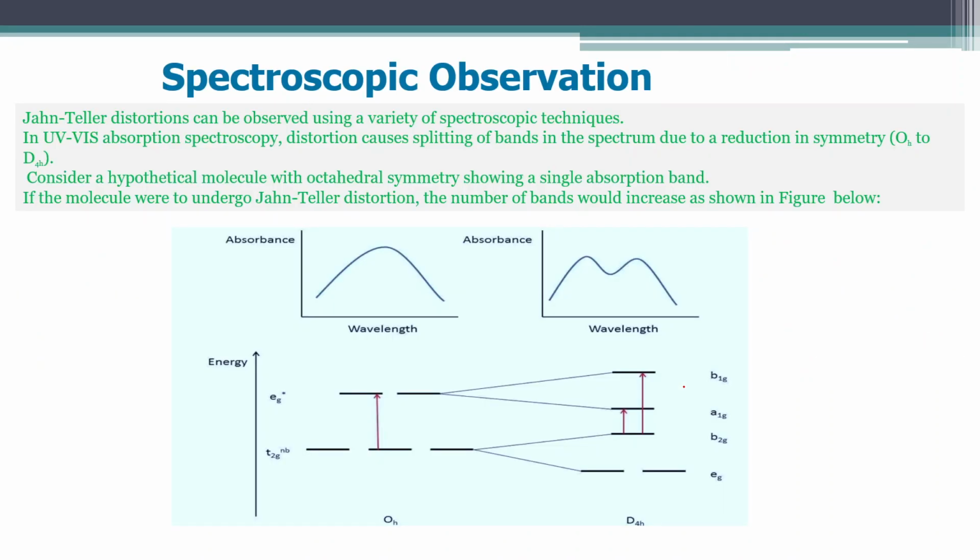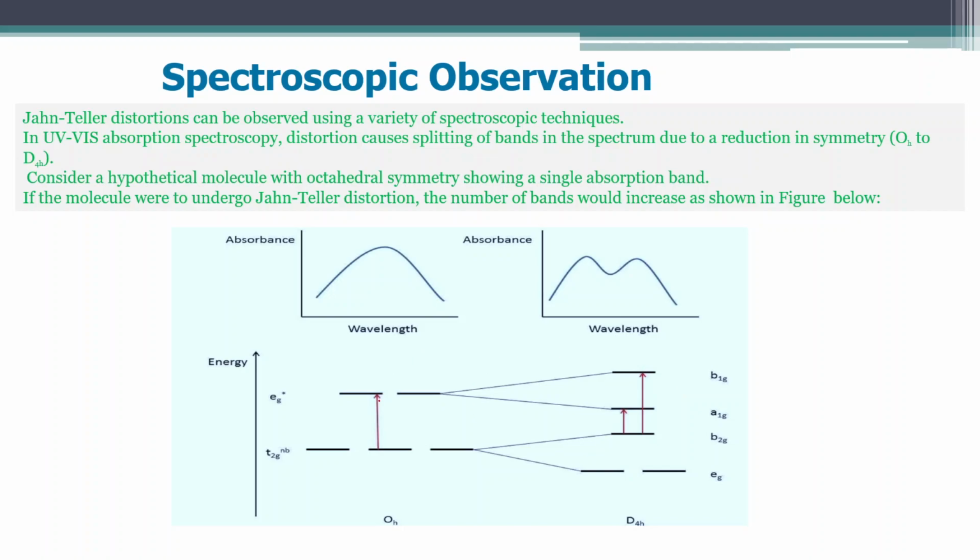And this is what we are observing in the spectroscopic observations. The Jahn-Teller distortion can be observed using a variety of spectroscopic techniques. In UV-visible absorption spectroscopy, distortion causes splitting of bands in the spectrum due to a reduction of symmetry. We know that the Oh system is reduced to D4h symmetry, and because of it, a splitting of band is observed.